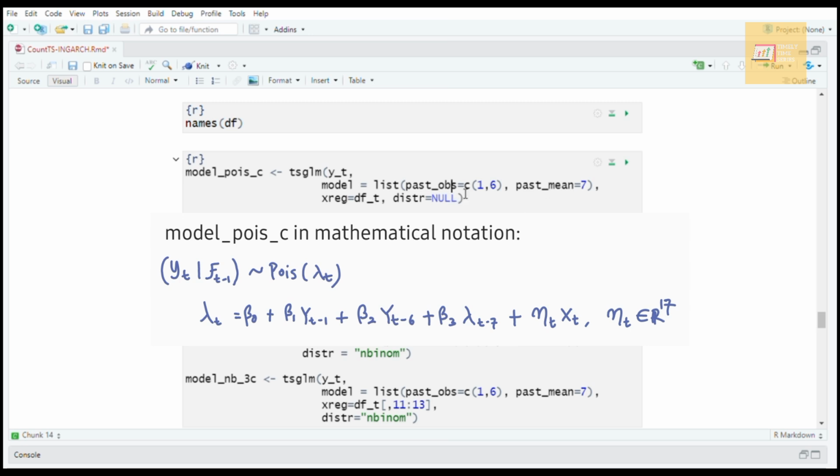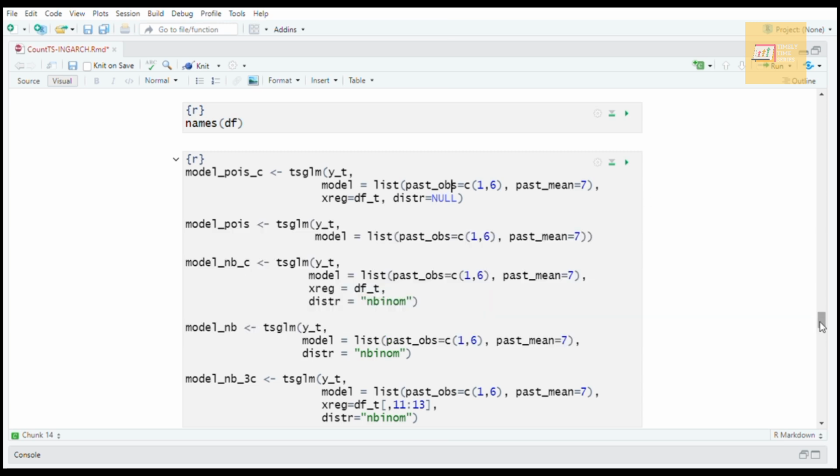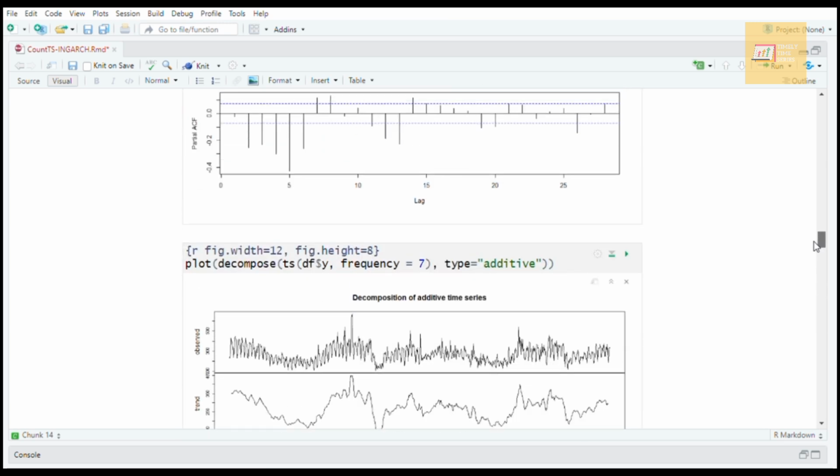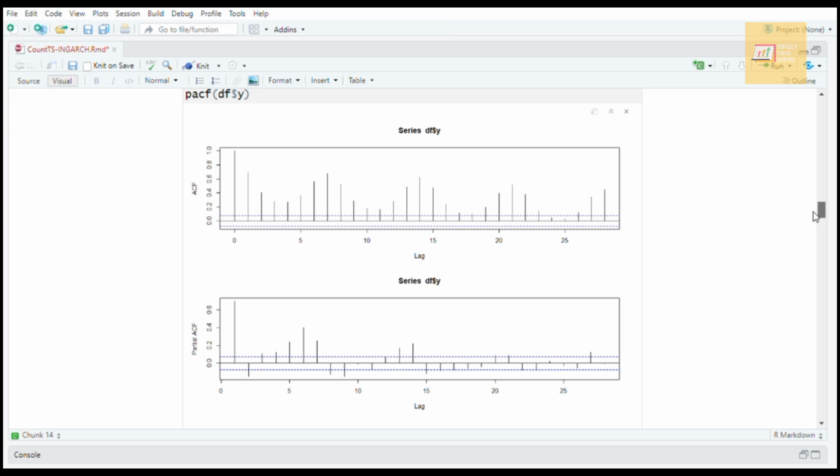So we only have two beta values for the autoregressive part and one beta value for the moving average term. And why do I use these values? Let's look at our ACF and PACF plot again. So here it is.